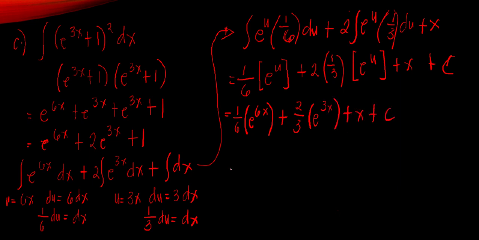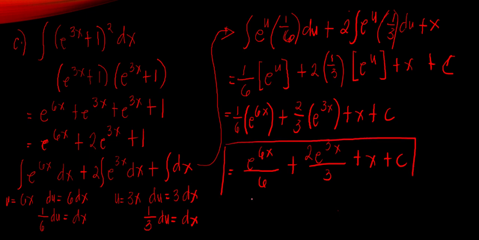And simplifying further, we have e raised to 6x over 6 plus 2e raised to 3x over 3 plus x plus c. So this is our final answer for example letter C in exponential and logarithm functions.